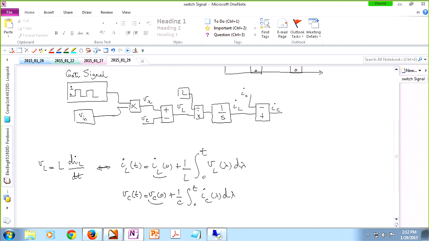So once I have IC, I can divide it by the value of the cap first, which is a constant, something like this, and then integrate it.